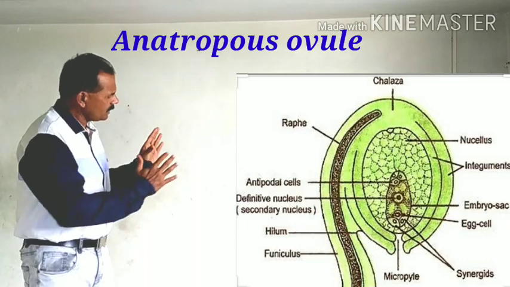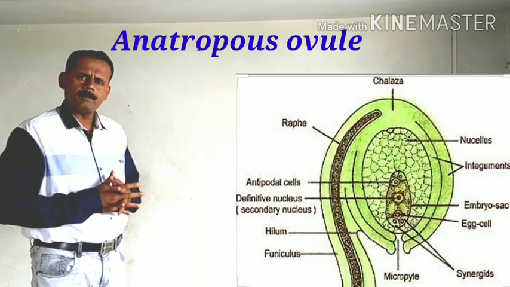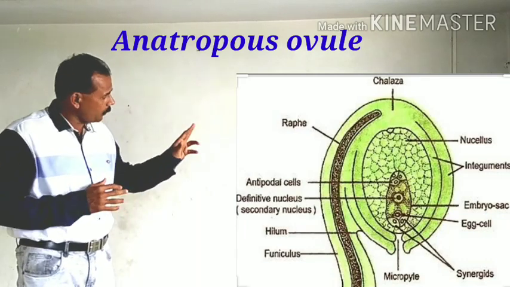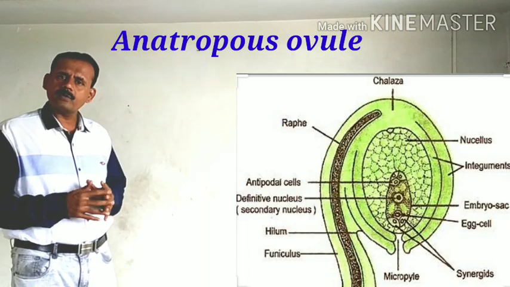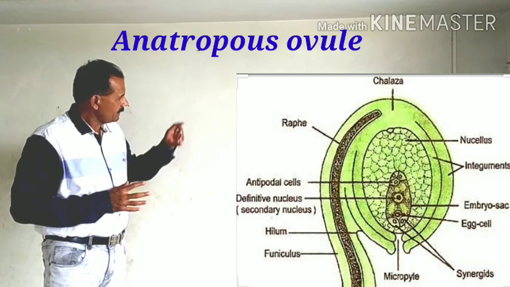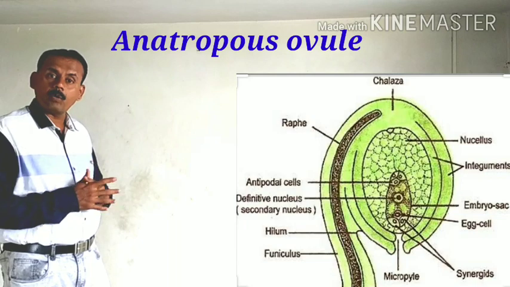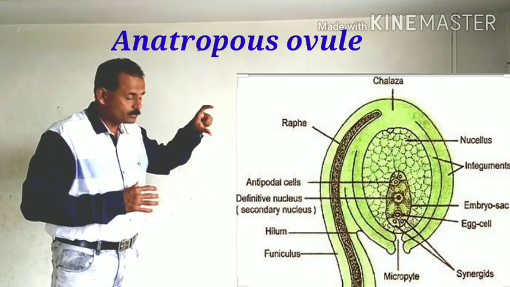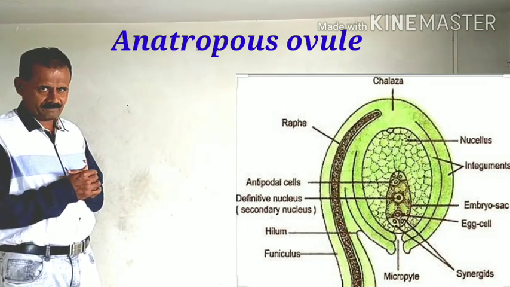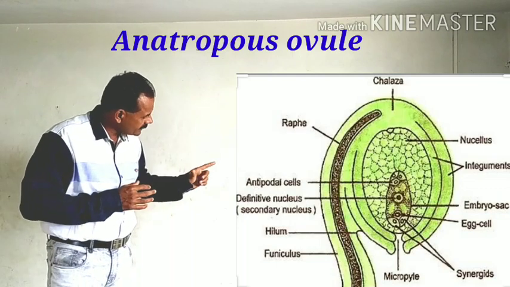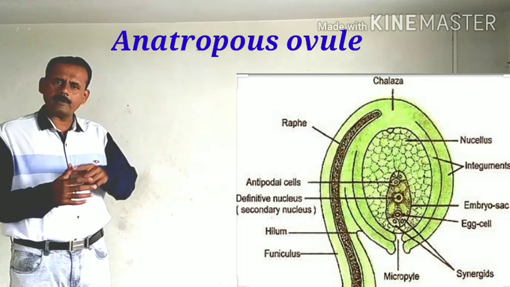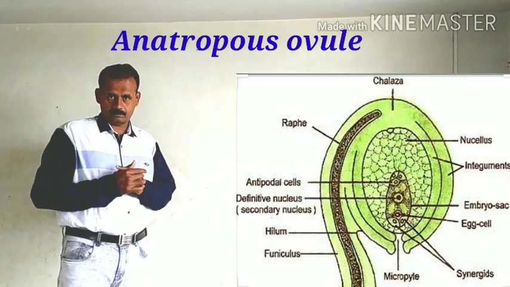Okay, as the ovule is in inverted form, the majority of the portion of body is attached to the funiculus, and the entire portion of the body which is attached to the funiculus is called as raphe, and the point of attachment of the stalk and the body is called as hilum.